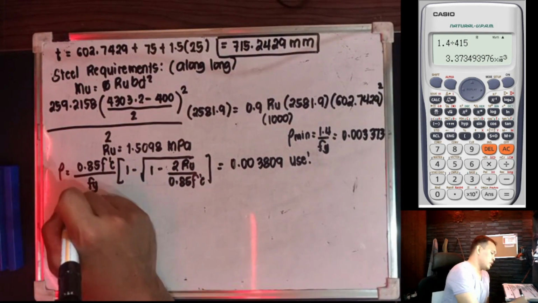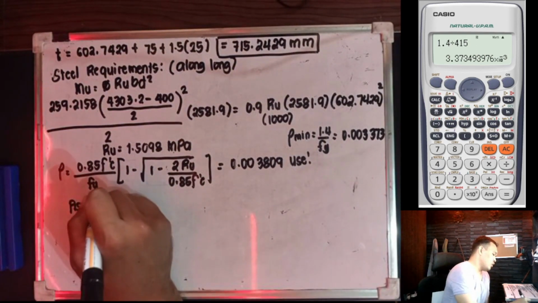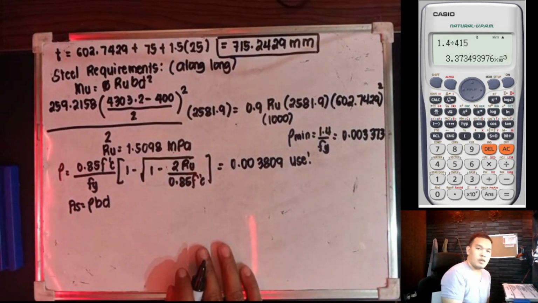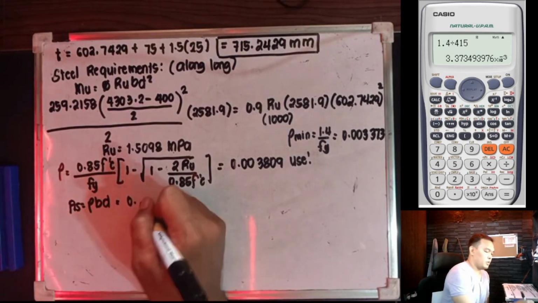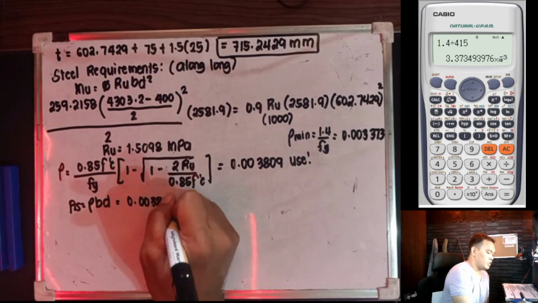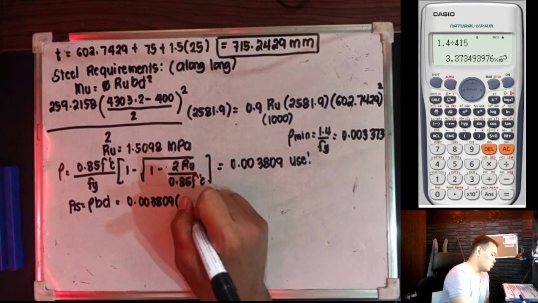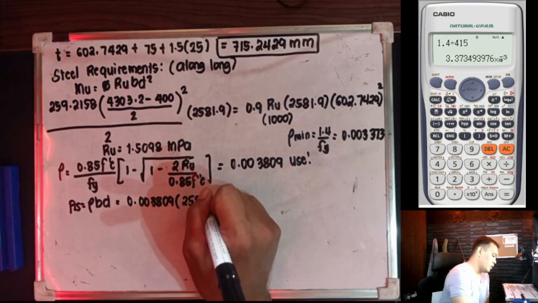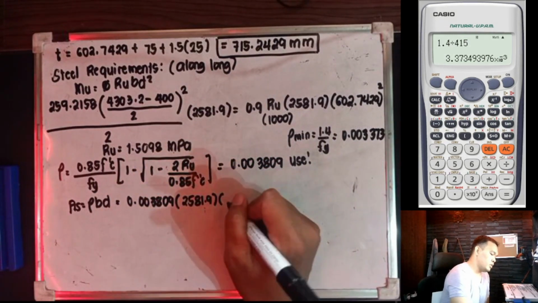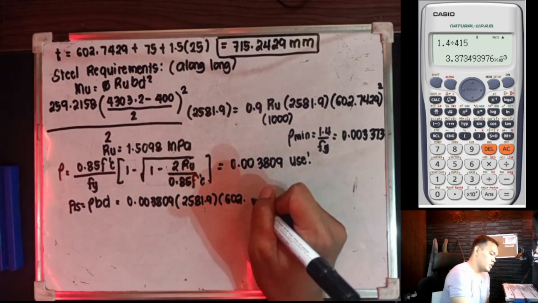Okay, so we have here this rho, to get AS, which is equivalent to rho BD. So rho is equivalent to 0.003809. B is the actual B, which is 2,581.9, times D, which is 602.7429.